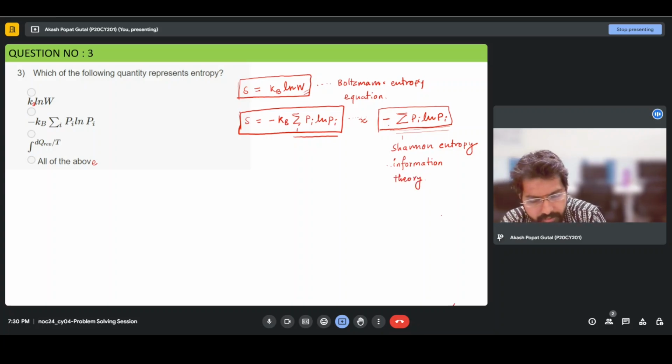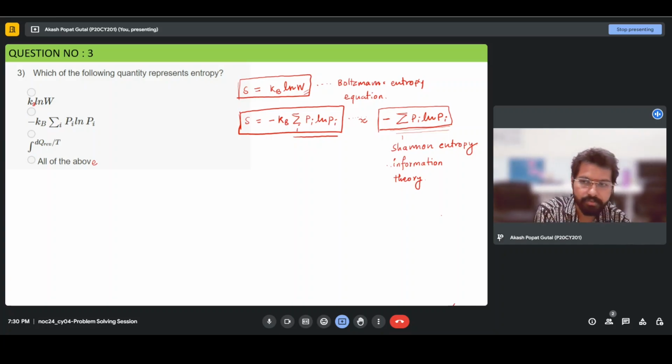The significance of the negative here is that it is also called negative entropy. It doesn't mean that the entropy is negative. Because it is related to the probability, and probability is always less than one, the logarithm value will always come out negative, and the outside negative cancels it out, so the value stays positive.